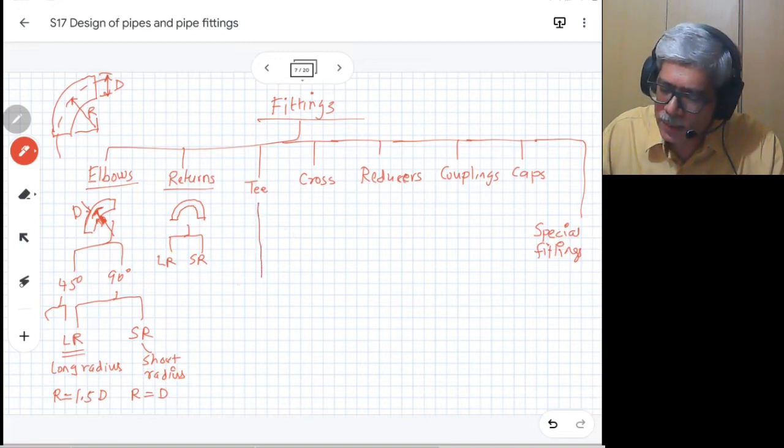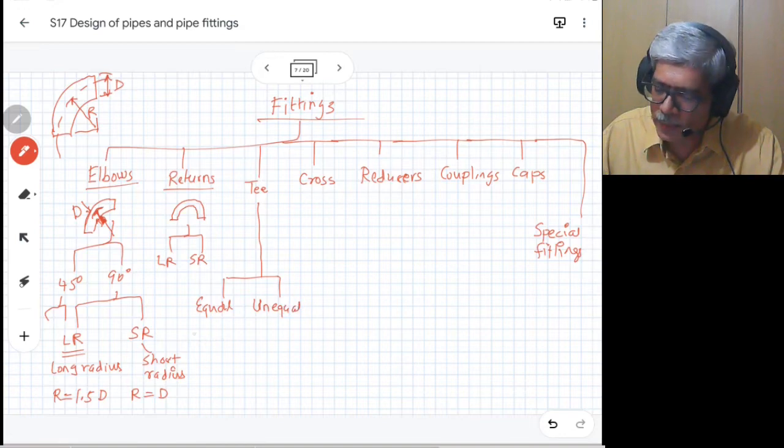The T joints are either equal T or unequal T. So you have T joint where all the three lines are of same size. So if this is 6 inches, this is also 6 inch, and this is also 6 inch.